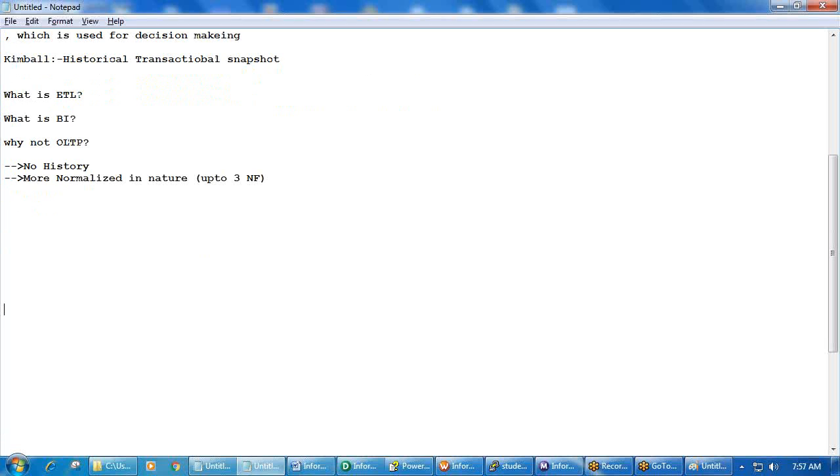Normalization is basically the process of organizing the data in different tables to eliminate the duplicate records. That is called normalization. Normalization has different forms. It carries different rules which you have to apply to organize the data in different tables.